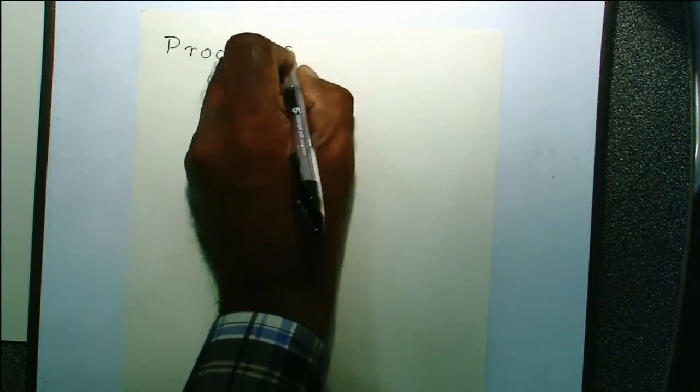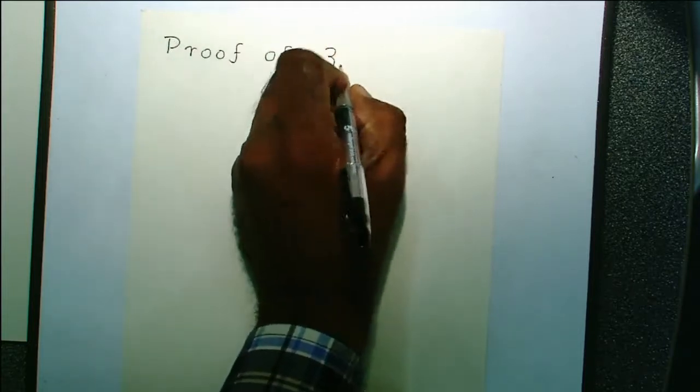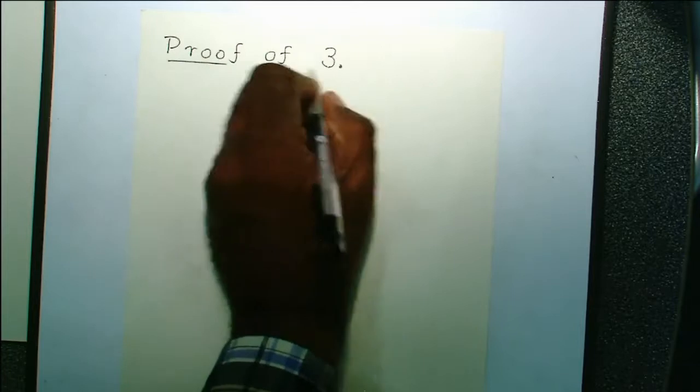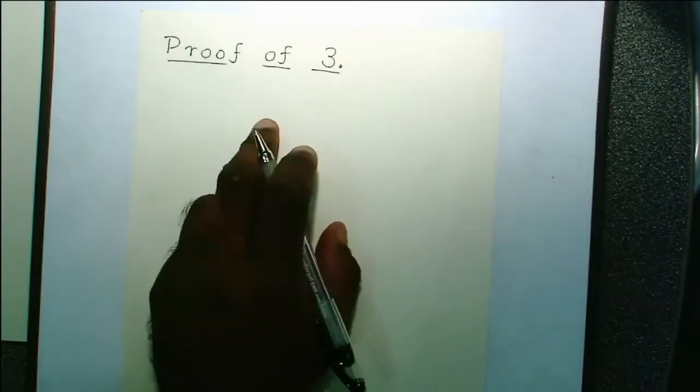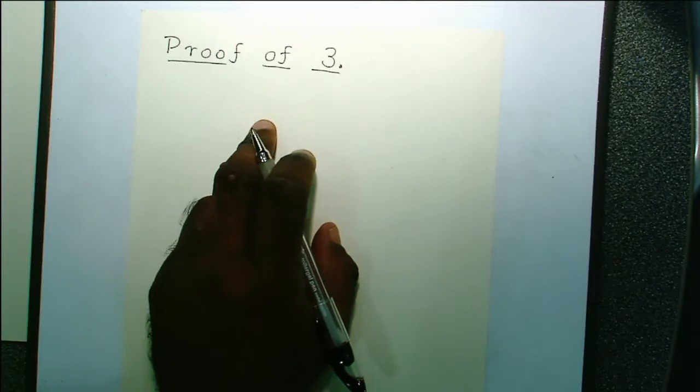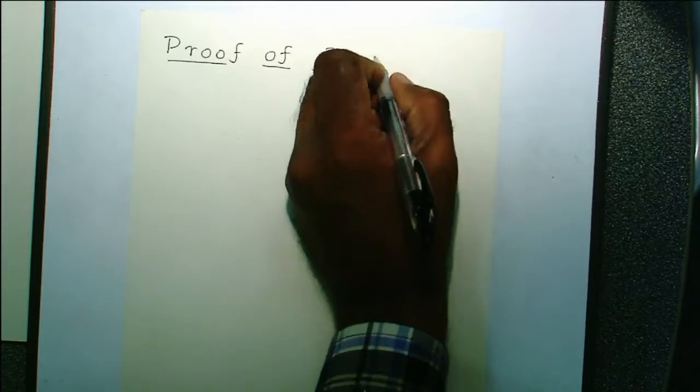Before I do an example, let me also prove property 3. Property 3 says that the variance of a chi-squared variable is 2 times a, right?